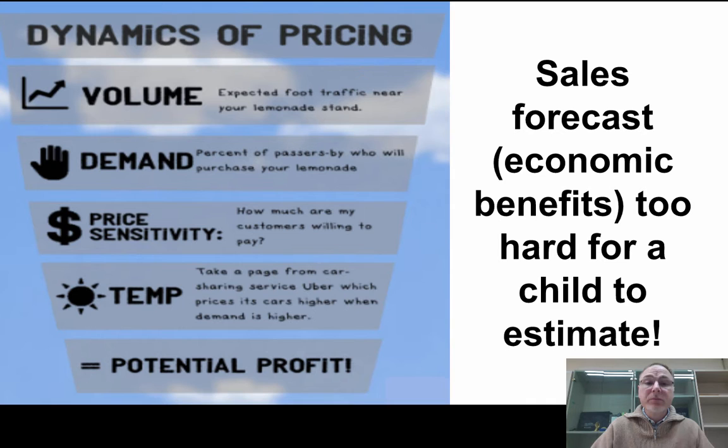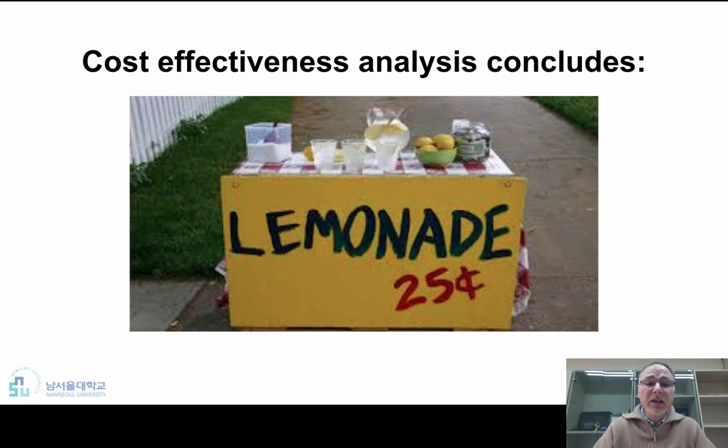So rather than conduct a cost-benefit analysis, Pat conducted a cost-effectiveness analysis. A cost-effectiveness analysis, in short, is comparing multiple options on which one costs less to achieve a comparable outcome. And the outcome that Pat wanted was to create and launch a lemonade stand.